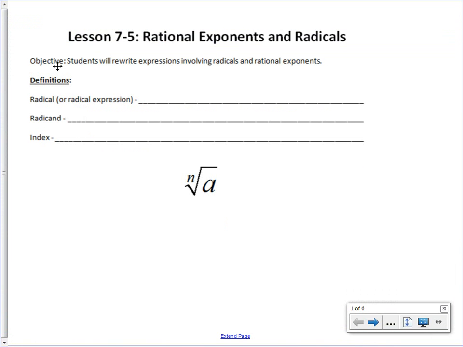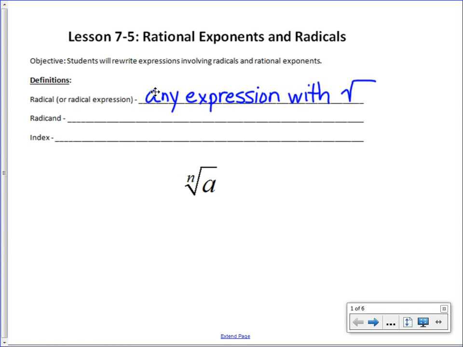All right, let's begin. Under definitions, you'll see radical. This is short for radical expression, and a radical is any expression with this symbol in it. And that is what we call a radical.